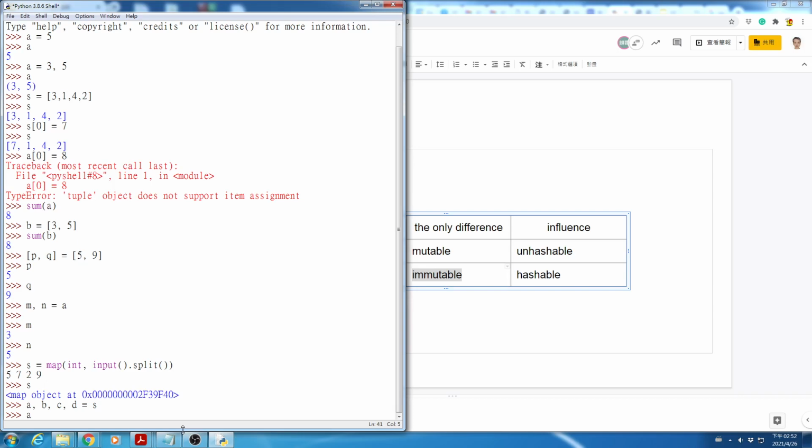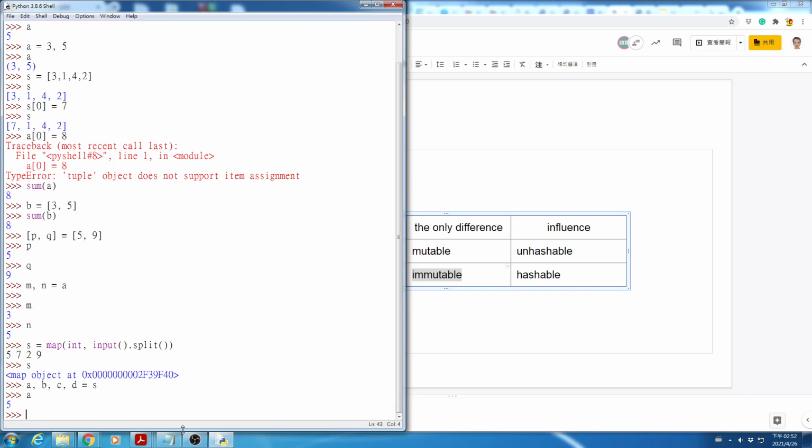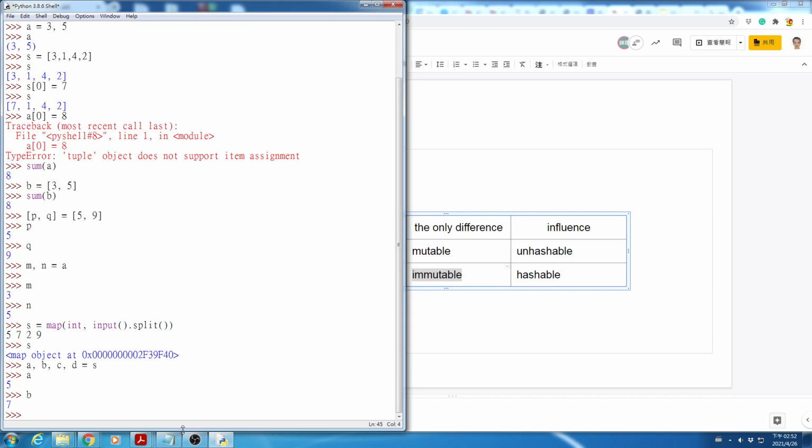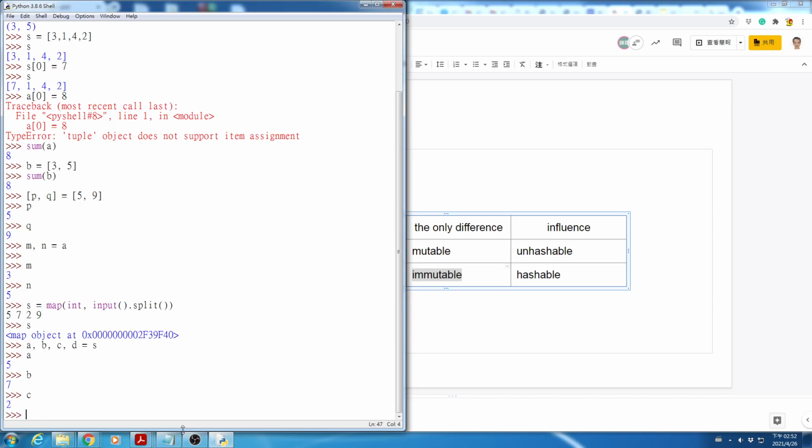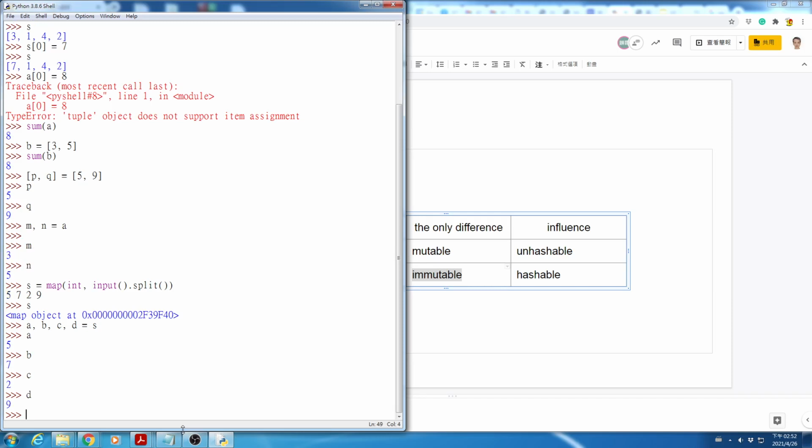Actually 5. What is the value of B? 7. What is the value of C? 2. And finally, what is the value of D? Exactly. Do you see how it works? Any question?